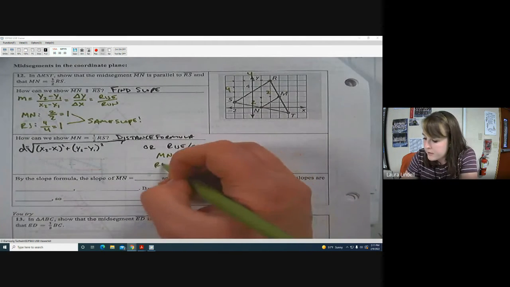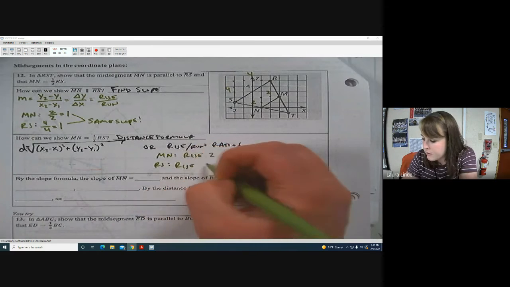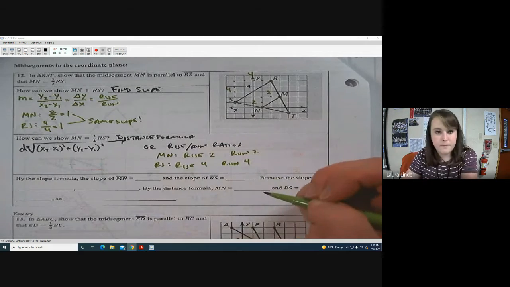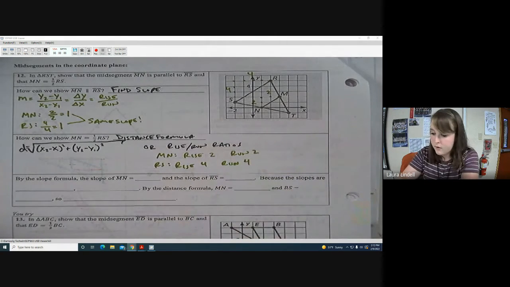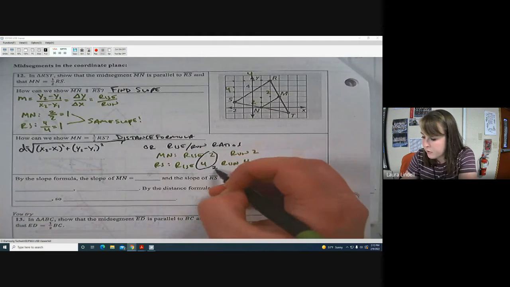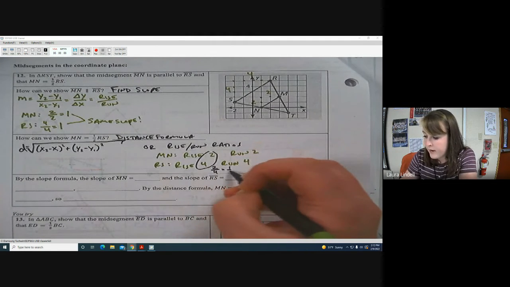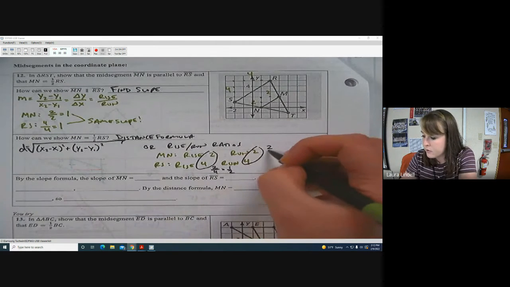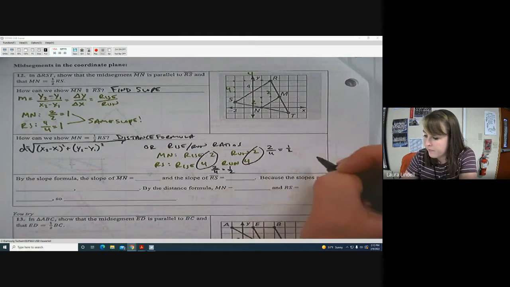For RS, we said that the rise was 4 and the run was 4. Notice the relationship here between the rise and the rise, 2 over 4, which is 1/2. And between the run and the run, also 2 over 4, which is 1/2.